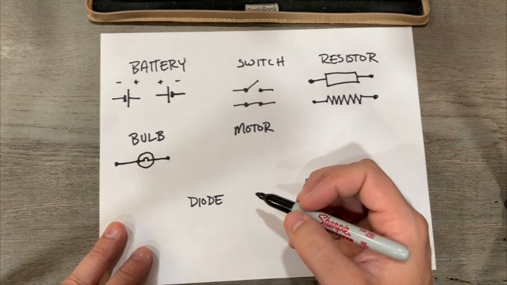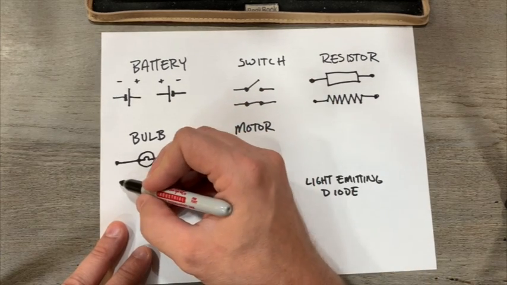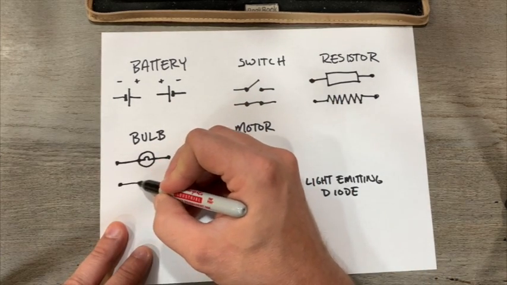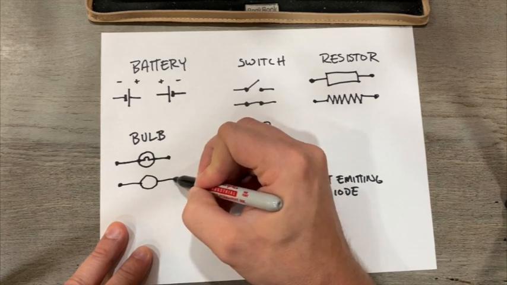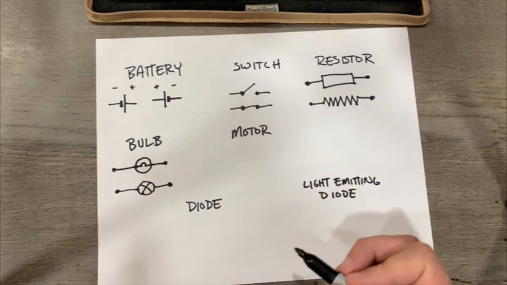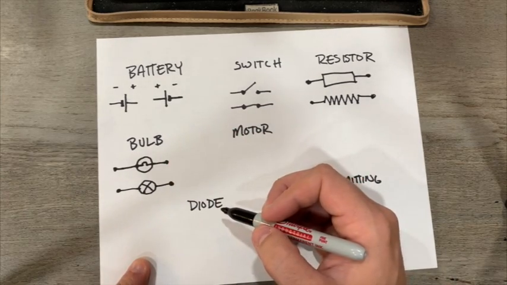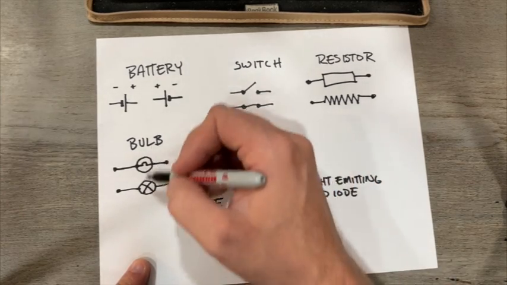That is what the symbol for a bulb looks like. Now, on some diagrams, they're going to make it just with a circle, and they're going to put an X through the middle like this to represent a bulb. So these are the two different symbols that you'll recognize if you're looking at a circuit diagram for a bulb.